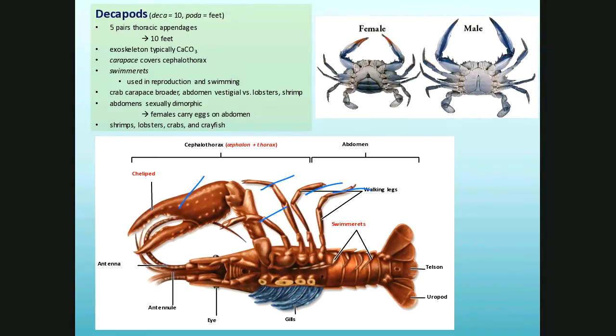Segmentation, of course, sometimes combination of segmentation into what we call those tagmata. Remember those functional groups like the cephalon and the thorax? That's called the cephalothorax. And of course, the abdomen.